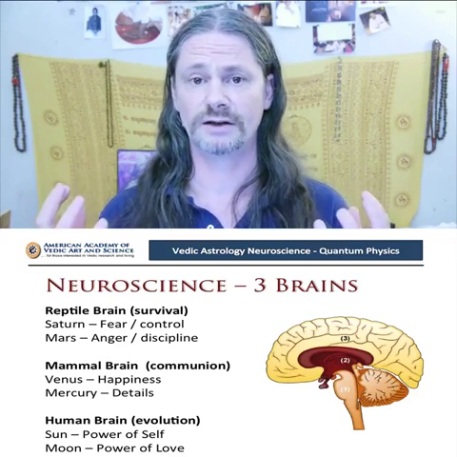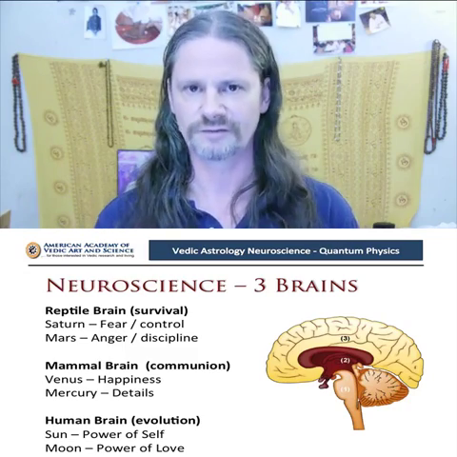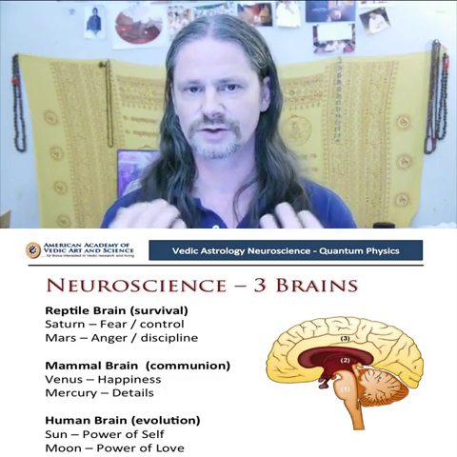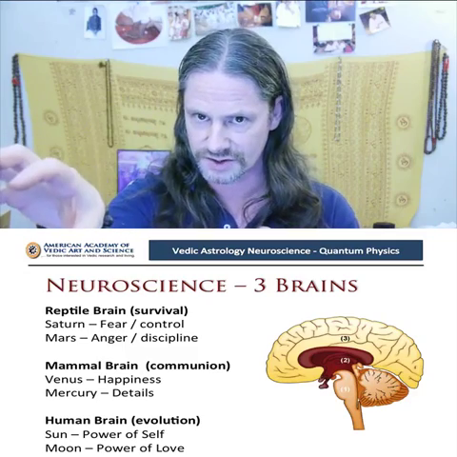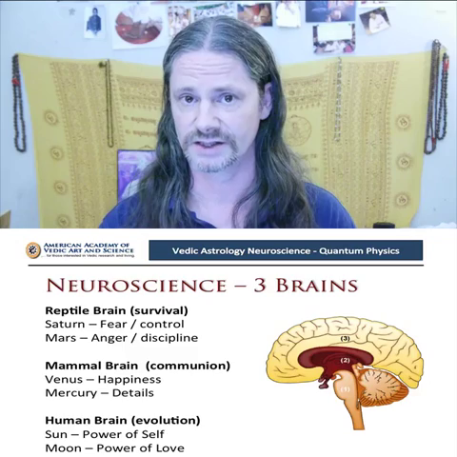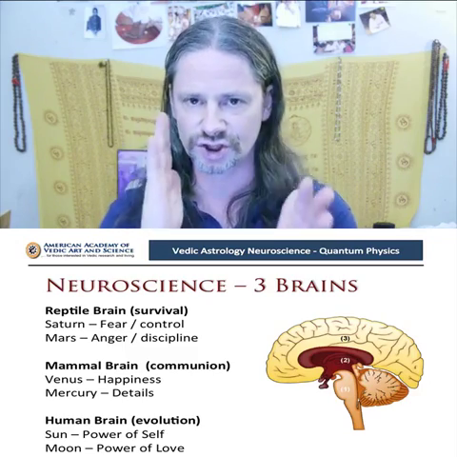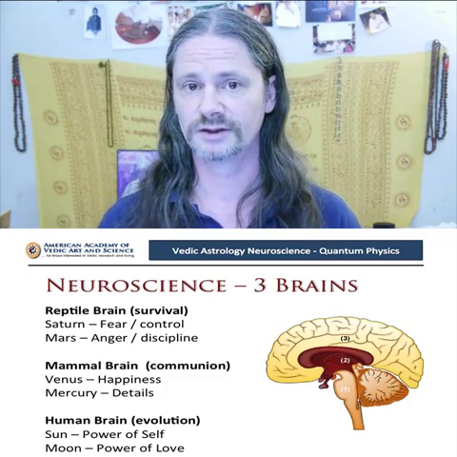The reptile brain and the Tamasic planets are primarily interested in self-preservation. And these are also energies we're supposed to keep to ourselves. We're supposed to keep our fear and anger to ourselves, not use them to control others or destroy them, but destroy our own weakness. So we're supposed to keep the Tamasic planets to ourselves. We're supposed to share evenly Venus and Mercury, which are the Rajasic planets.